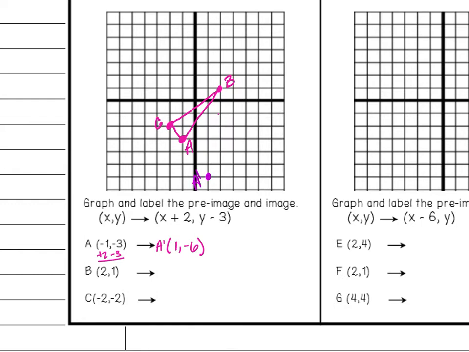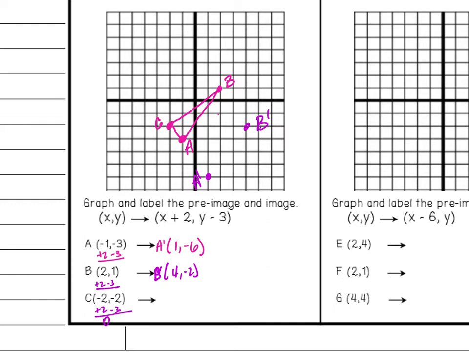And then for B, I'm still adding 2 and subtracting 3. So B prime becomes 4, -2. So 1, 2, 3, 4, 1, 2. There's B prime. And again, I'm going to add 2 and subtract 3.